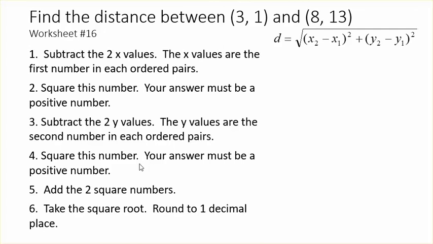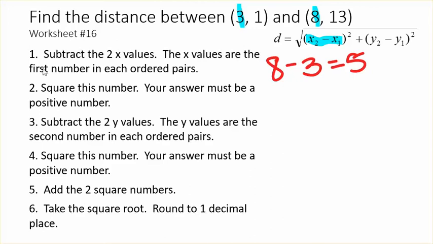Okay, so we start in number 1 by subtracting the two x values. My x values are 3 and 8. I'm going to subtract them, and I'm going to start with the bigger one so I get a positive number. And 8 minus 3 equals 5.